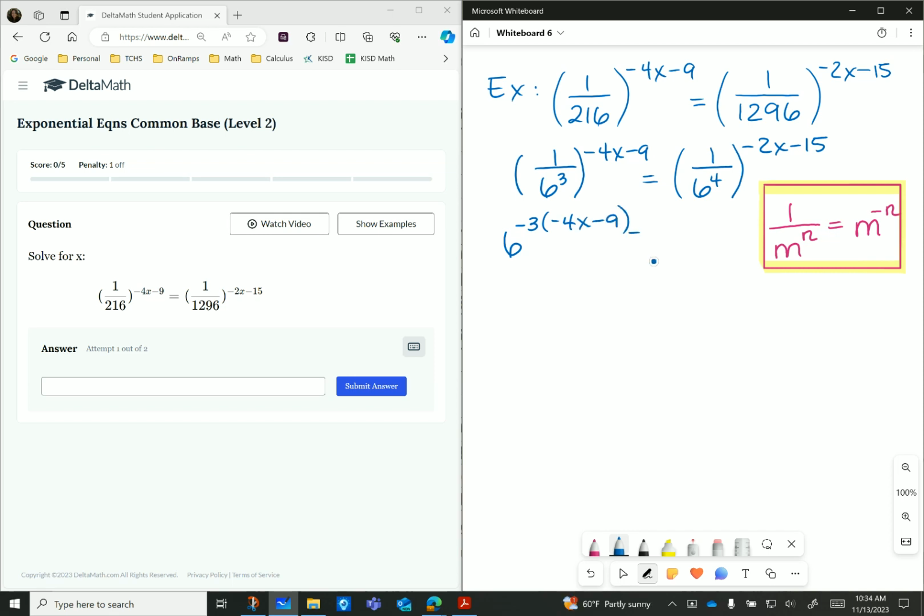And 1 over 6 to the 4th power, I'm going to rewrite it as 6 to the negative 4 power. And in parentheses, put negative 2x minus 15. Okay? By the 1-to-1 property, I can cancel out my common bases. I'm going to bring down my exponents and solve these linear equations.